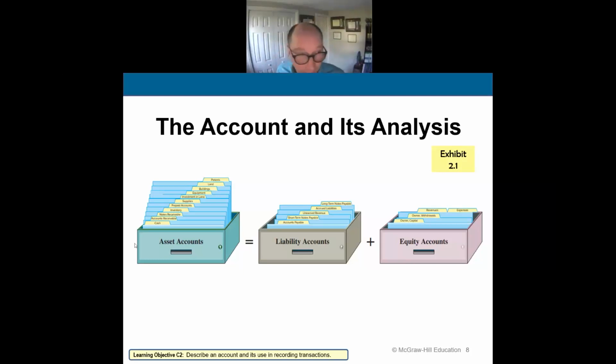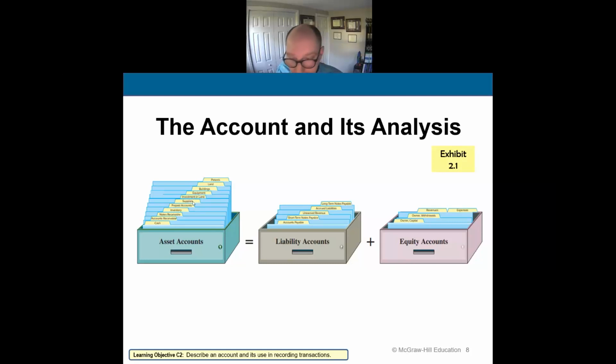So that's the idea behind prepaids. Prepaid is an asset until it gets consumed. And the same can be said with liabilities, but it's the opposite, and I'll explain that when we get to liabilities.